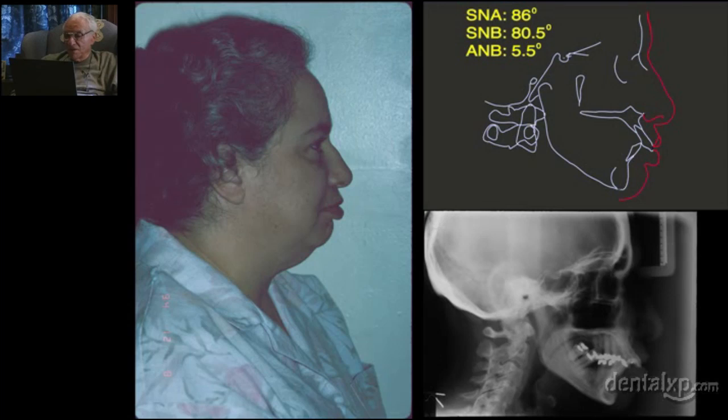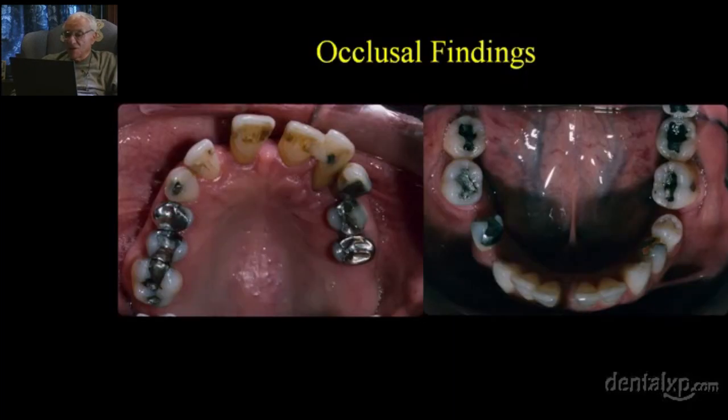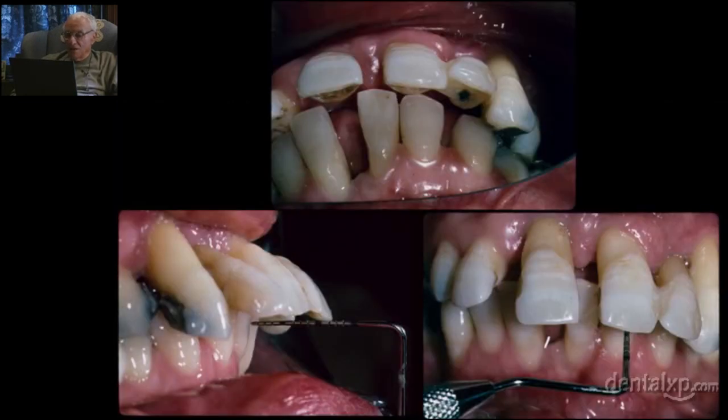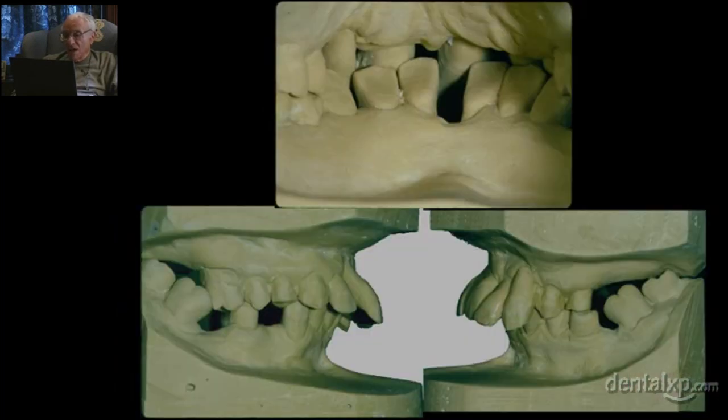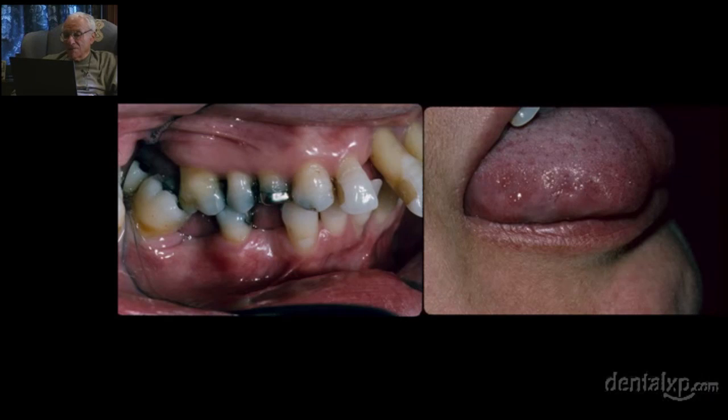And the treatment plan then, again with inflammatory control, and evaluating the response of that patient to inflammatory control. And then we can look at the occlusal factors involved in the case. Also, you can see the action of the tongue.